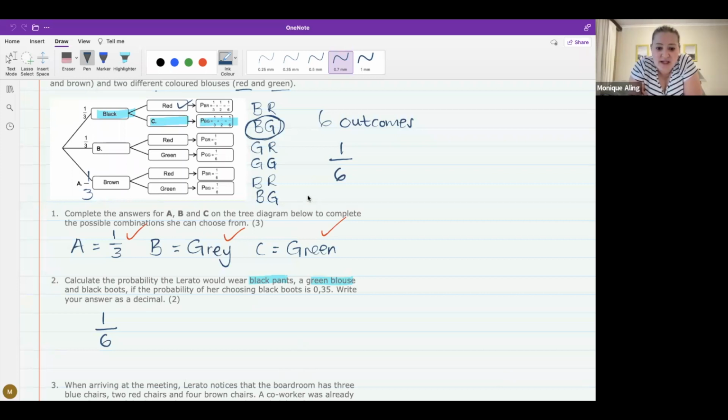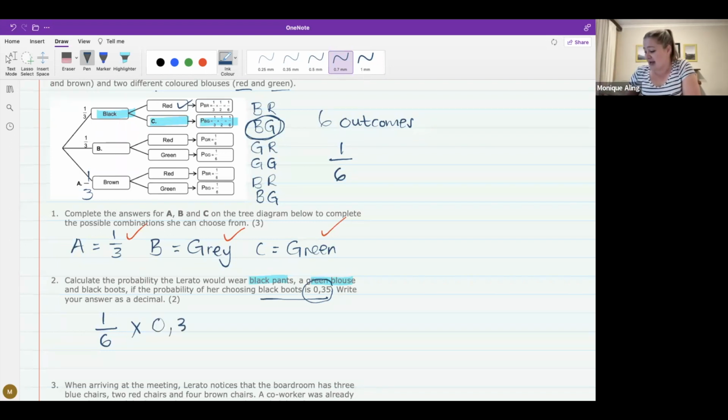Yes, is it Shawnee? So now we take our probability of the black pants, green blouse, and we times it by the probability of the black boots. Now, boots aren't part of this tree diagram at all. So that is why they gave us the probability. If it was involved, we just answer the tree diagram as per normal. But because boots aren't involved, they have to give us the probability.